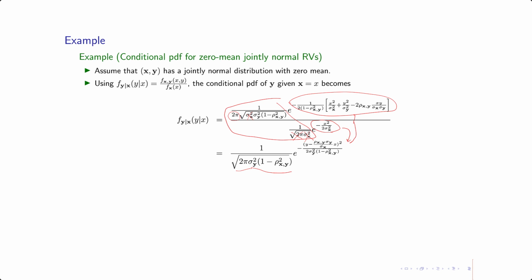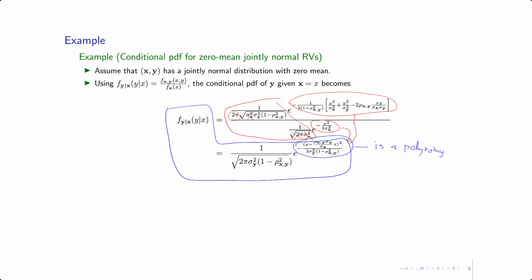So what we see here is that in this expression, the distribution of y given x is a constant multiplied by e to the power of a polynomial of second order in terms of y.